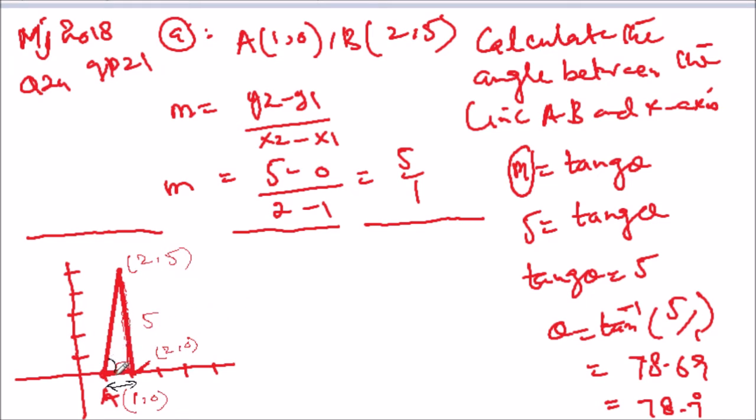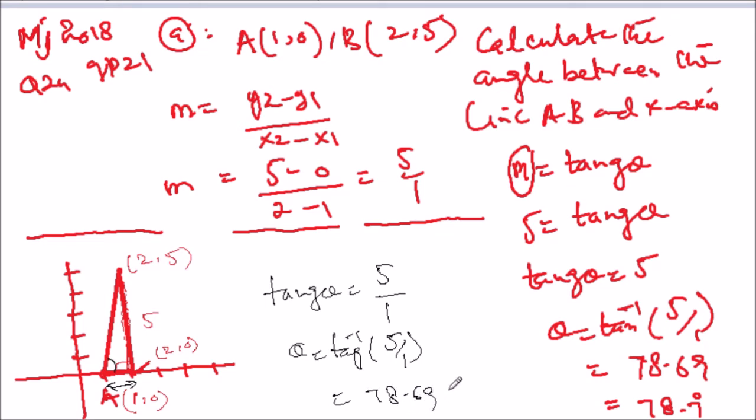So opposite or adjacent, that is 1. So tangent theta is opposite, which is 5, over adjacent, which is 1. So theta is tan inverse 5 over 1. Result is 78.69, which is 78.7 degrees. So both methods are acceptable, but this one is easy.